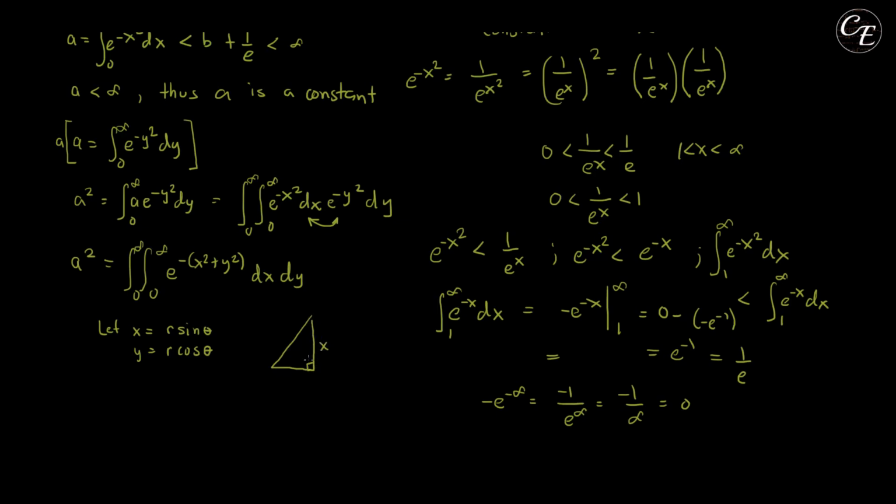This is x, this is y, the hypotenuse is r, and the angle is theta. So we can have a circle here. Assume that it is a circle and this is the center of the circle, and we have here the radius r.